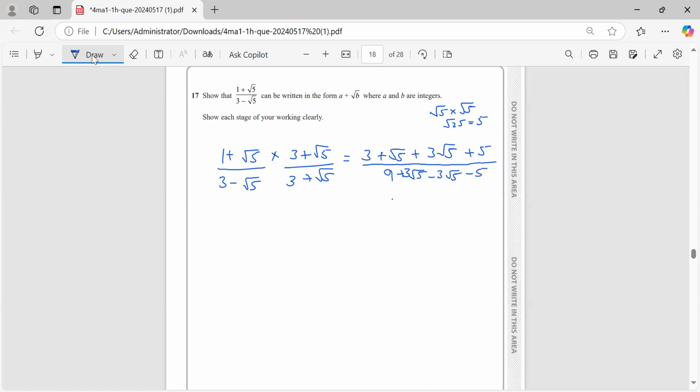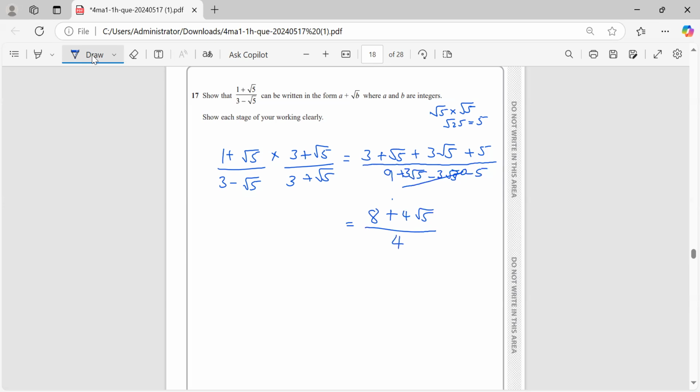So of course, my plus 3 root 5 minus 3 root 5 is going to give me 0. So I'm now left with 3 plus 5, that's an 8, right? And then root 5 plus 3 root 5, that's plus 4 root 5, all over 9 minus 5, that's 4.